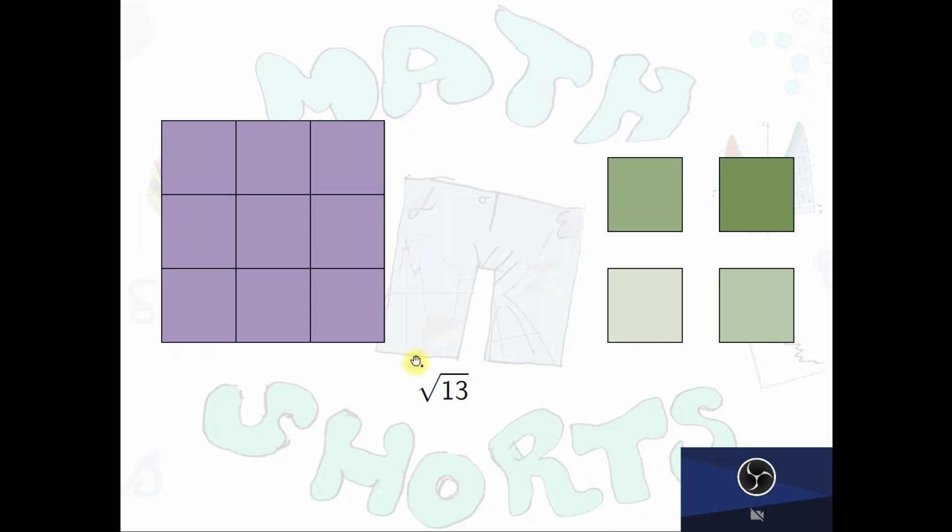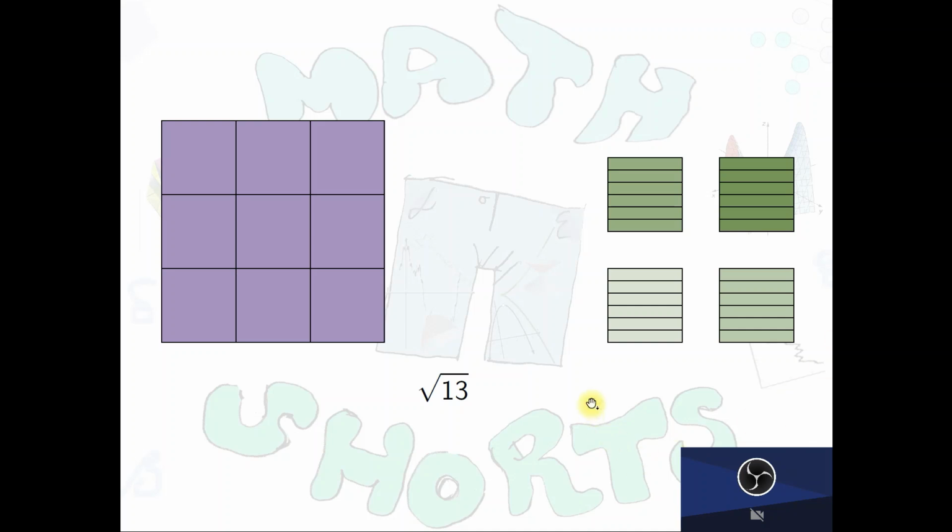Now, if we look, the square already has side length of 3. So I'm going to have to fill up 3 spots here and 3 spots there. With our square root of 2, we had to fill up 1 spot here and 1 spot there, so we cut things into 2 pieces. Well, here I've got to fill up 3 and 3. So what happens if we cut all of our chunks, our squares, into 6 pieces? Now, if we start with this square down here, I can take each of those 6 pieces, and each of them are going to fit into one of those slots there.